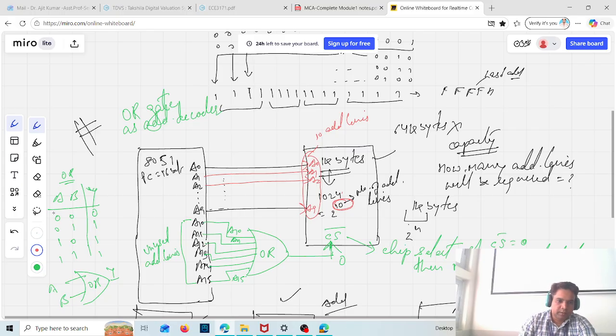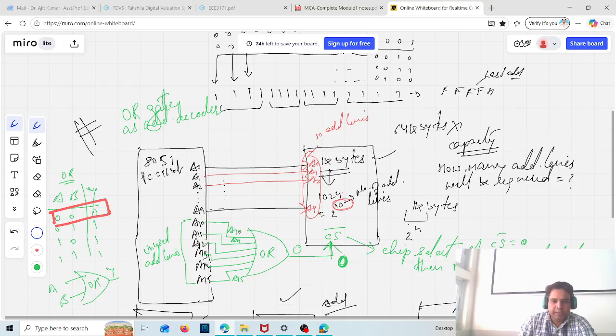Now you have to focus on this one. What I need here is output 0, because only if 0 is given by the microcontroller will this chip be selected. So I need 0 at the output of the OR gate. What should be the desired input?